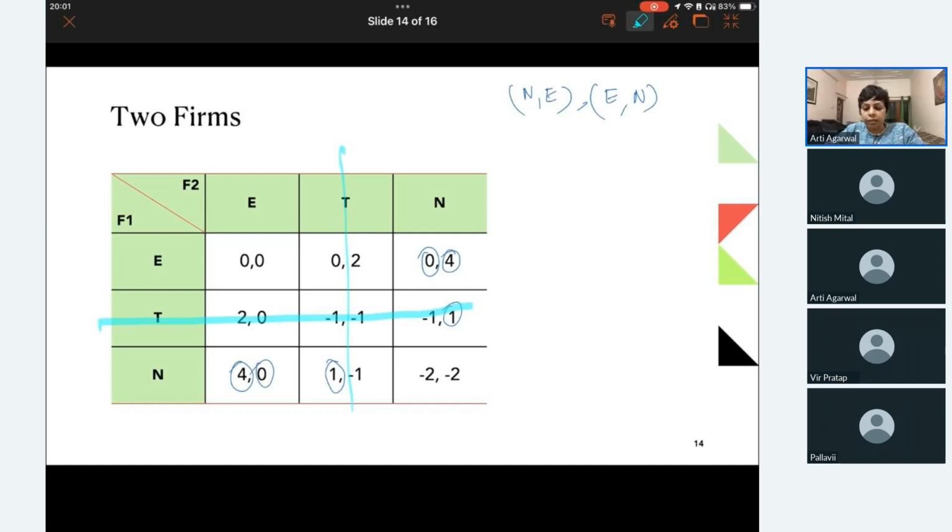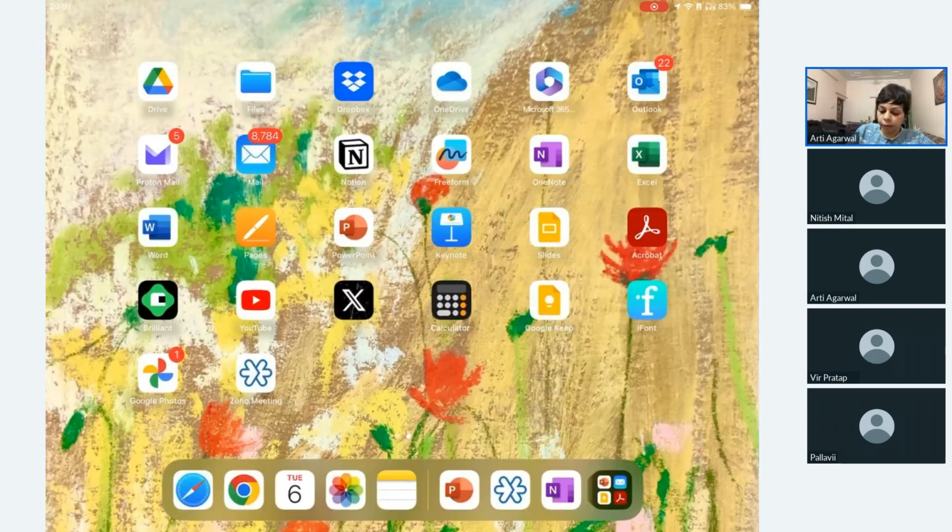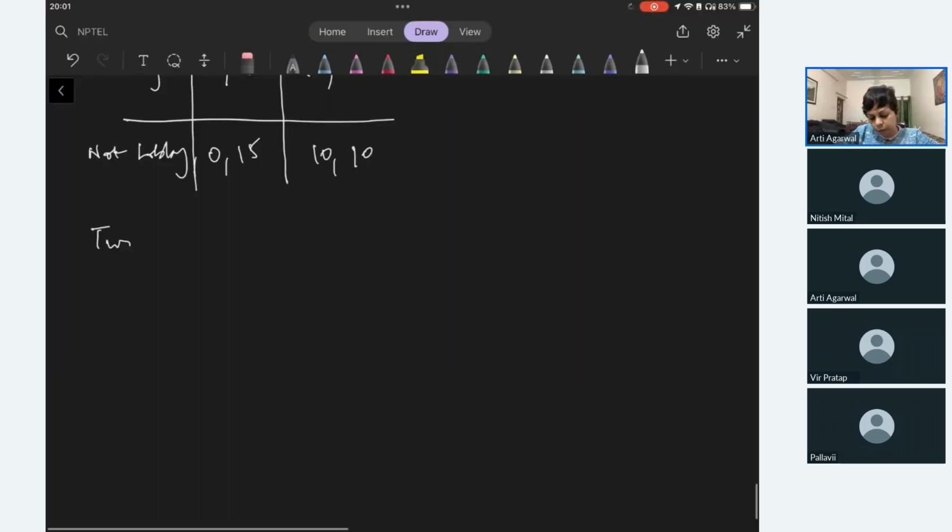Now, a much simpler game, it becomes a 2x2 matrix game, pretty much like a simple anti-coordination game. Again, say I write down the reduced game table.